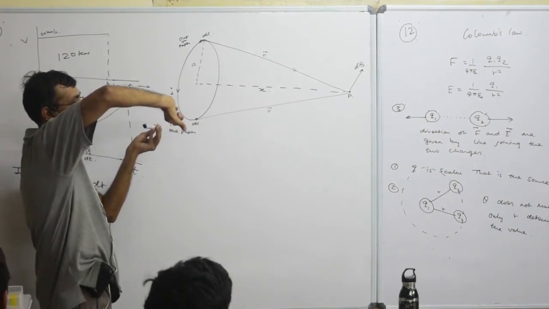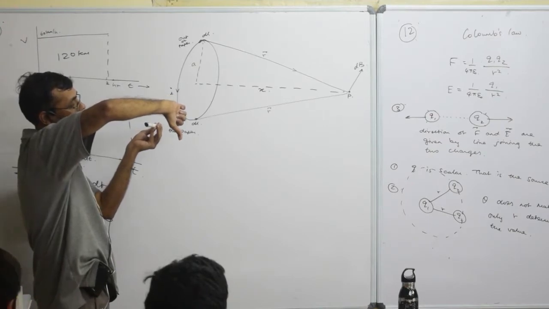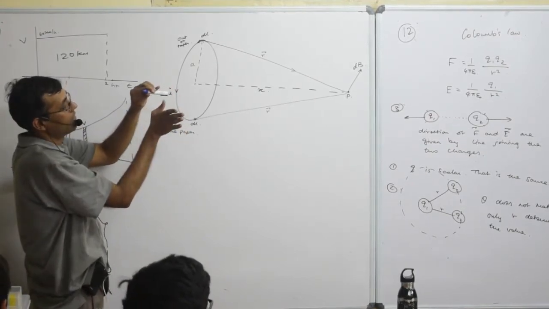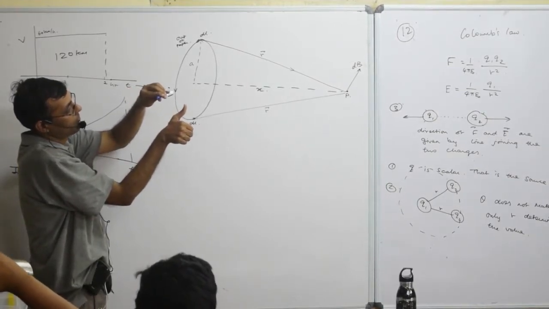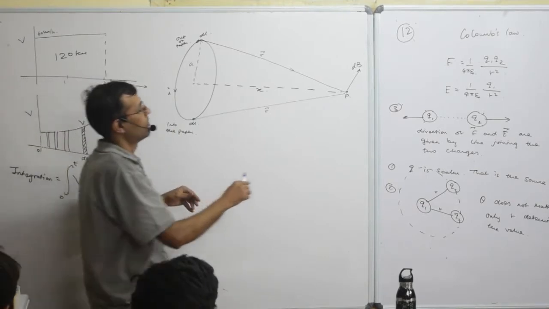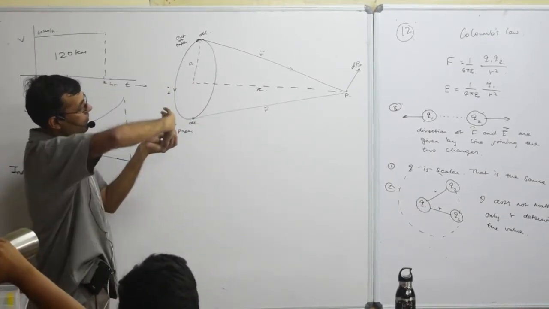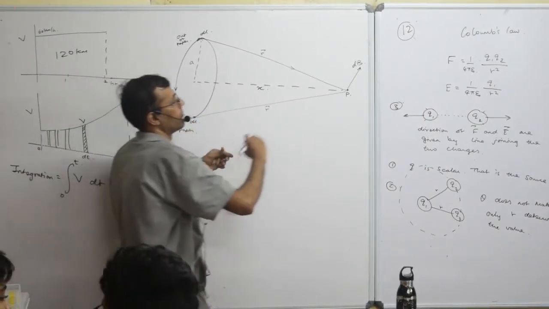So dl cross r, your thumb will go something like this, downwards. You following what I am saying? So here it was the other way. So dl cross r, thumb was going this way, 90 degree here. Same thing here. dl cross r, it will go 90 degree this way.